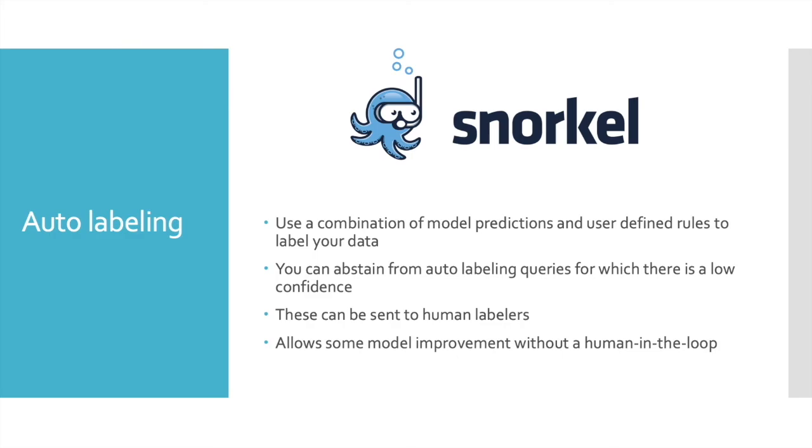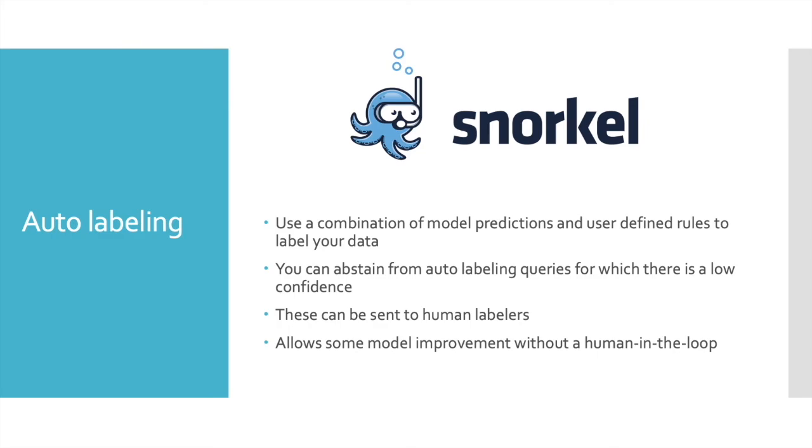You can further speed up this pipeline by using auto-labeling, which is what it sounds like, labeling data automatically with an algorithm or model rather than manually with a human labeler. And Snorkel is a tool which enables auto-labeling. So you can use a combination of model predictions and user-defined rules or heuristics to label your data. And Snorkel essentially is a model itself.